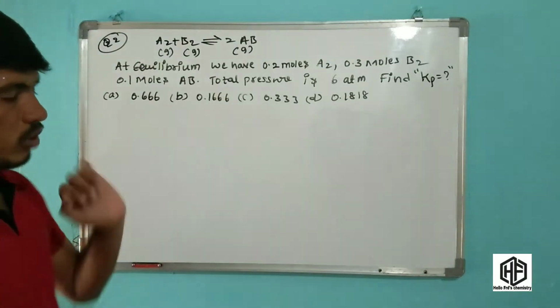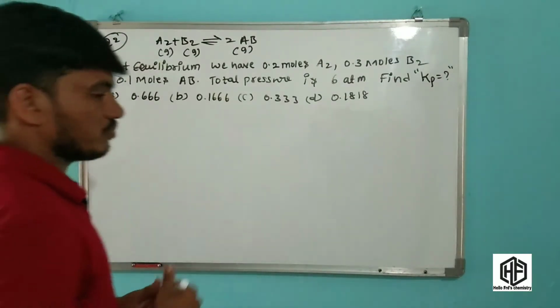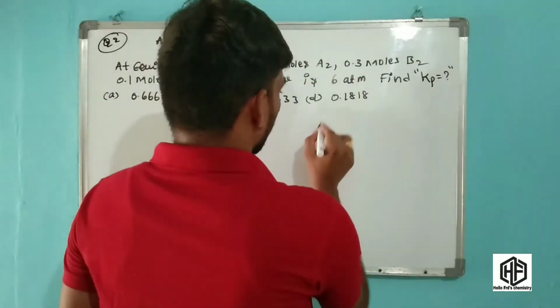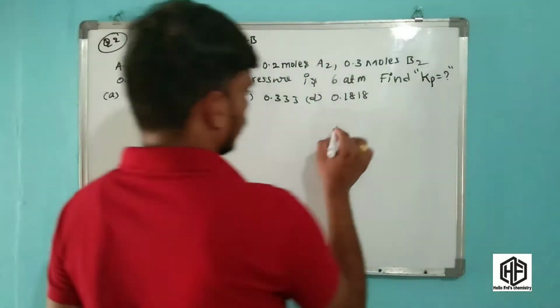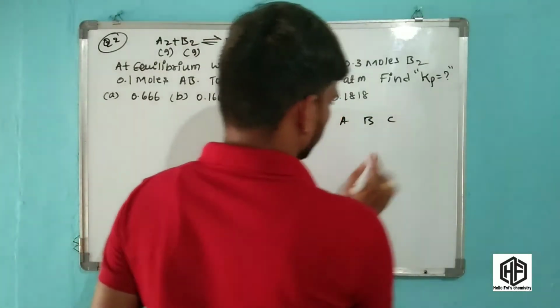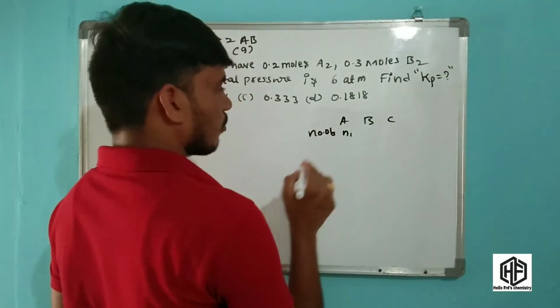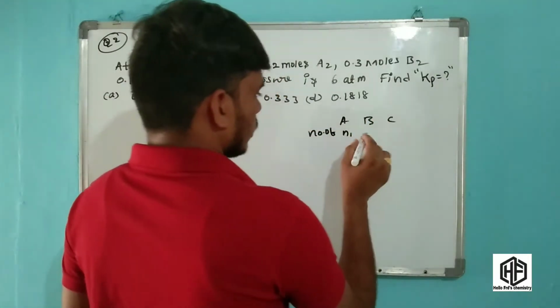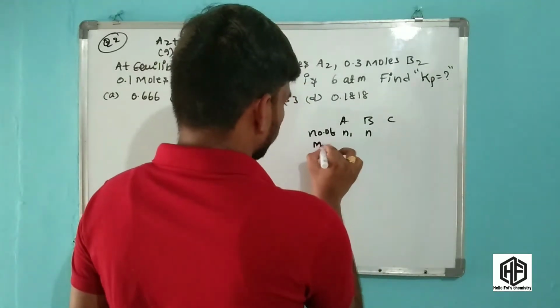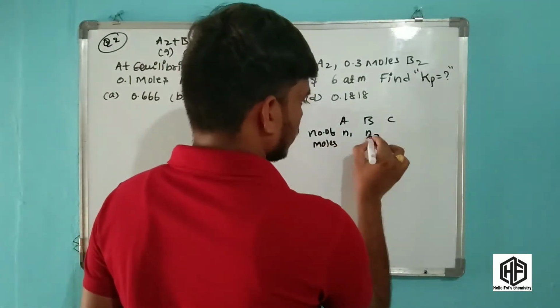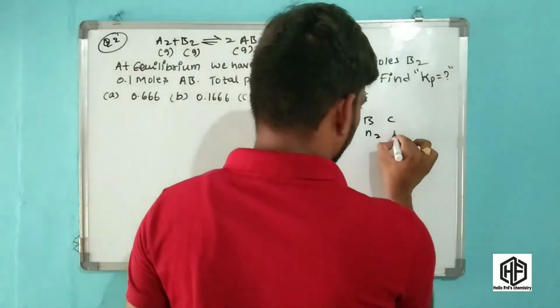Now, what is the one more important topic? The topic is Dalton's law. Dalton's law says that if A, B, and C are present, the number of moles of A is N1, the number of moles of B is N2, and the number of moles of C is N3.